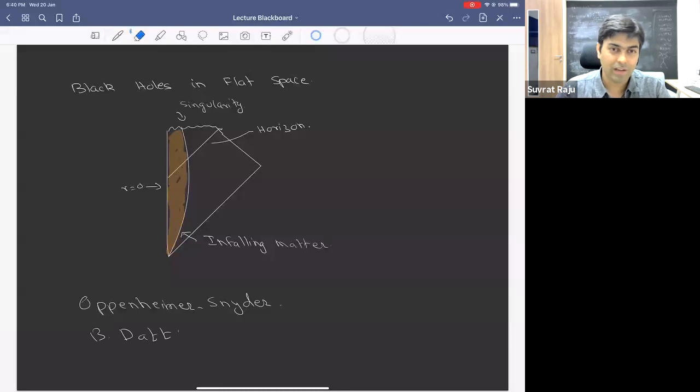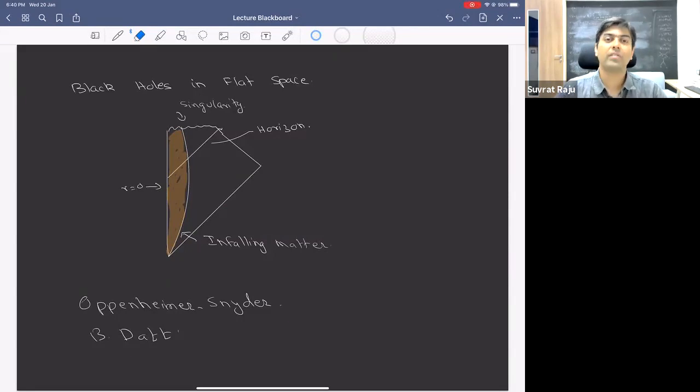When historians at some point tried to trace who this person was, I think they couldn't even find out much about this person. At least I don't know much about the person. But there is a paper that you can find that is a couple of years before this Oppenheimer-Snyder paper that does study these kinds of collapsing geometries. But the point is, in any case, if you take some dust and you write down some kind of stress energy tensor for the matter, you can find the entire metric.